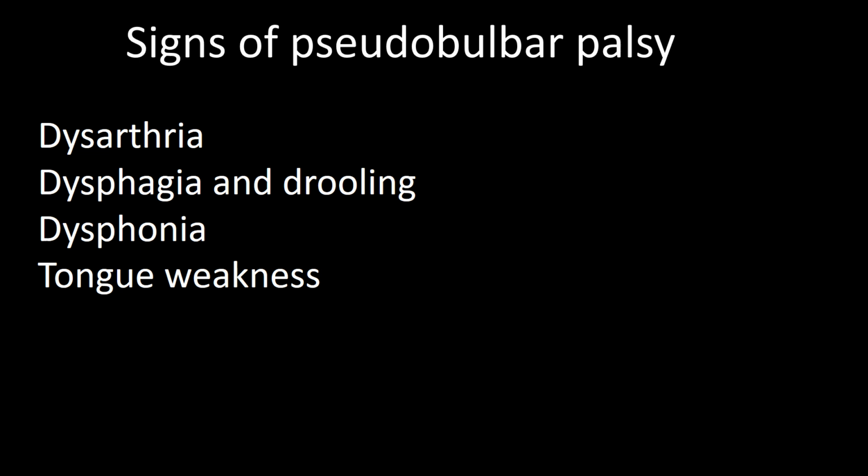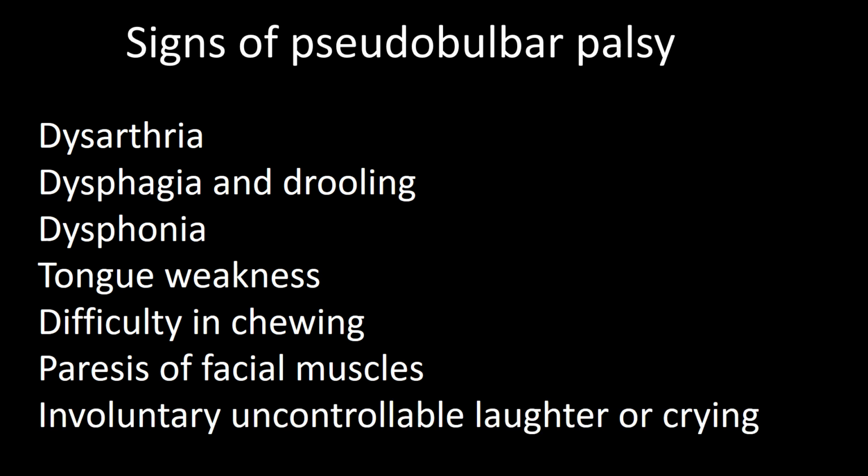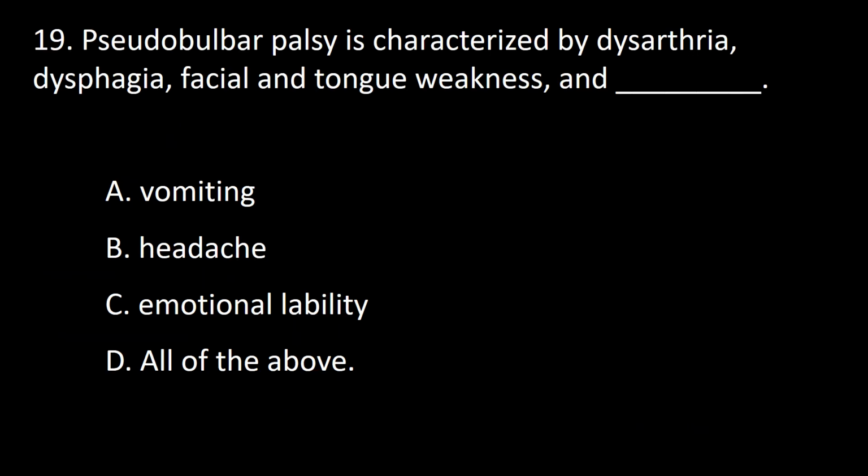Pontine innervated muscles are also affected, producing difficulty chewing and bilateral facial weakness. In addition, episodes of emotional lability, characterized by involuntary, uncontrollable laughter or crying, also occur in these patients. So the answer to this question is C.